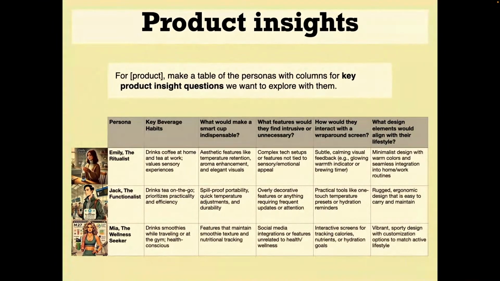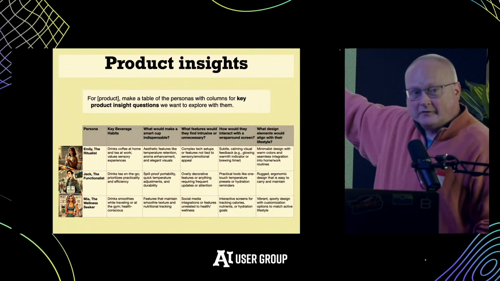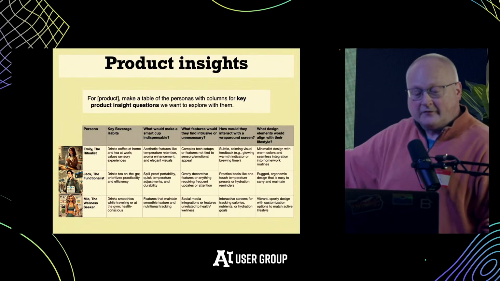So this is one next step. You can say, make a table of the personas with key product insight questions. Across the top, it's listing product insight questions. It made them up. It knows what the product is that I'm talking about, and it knows what the personas are, and it says these are some top product insight questions we'd ask them, and then those are the answers they gave.